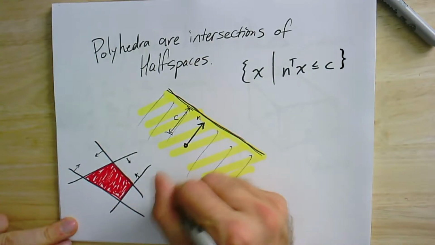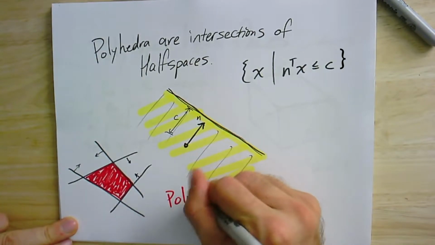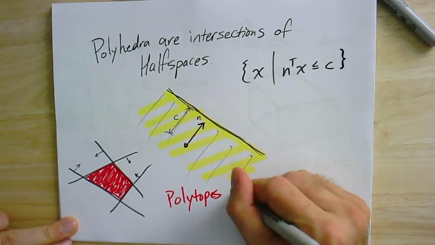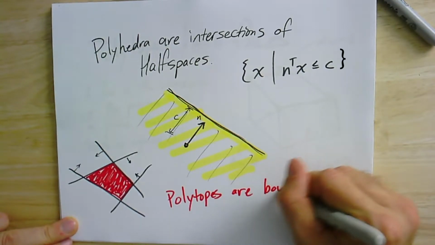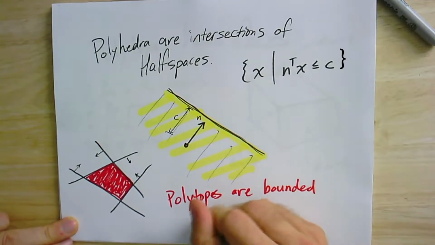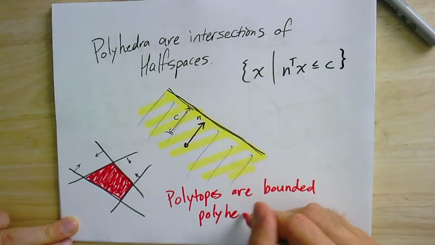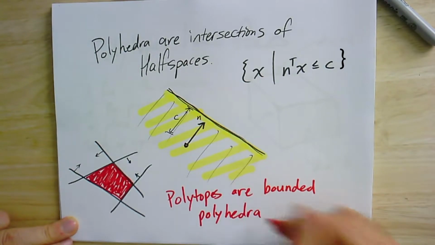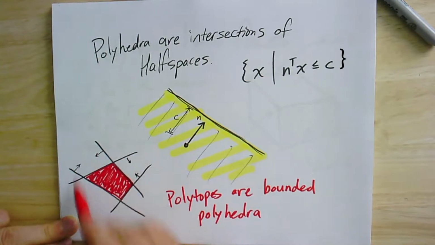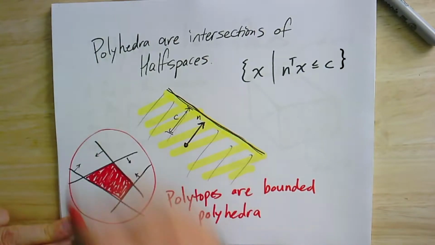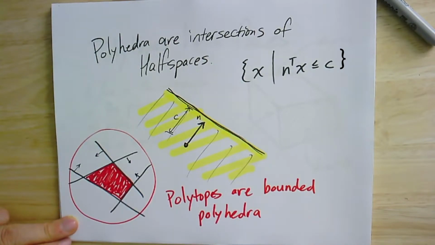And polytopes are what we will call bounded polyhedra. And what I mean by that, of course, is, if you look at the half space, it goes off to infinity. Whereas if you look at this example, I can actually draw a circle around it. So if I can draw a circle around it or put it into a bounded sphere like this, then it's bounded.